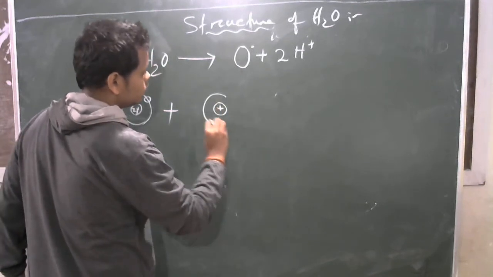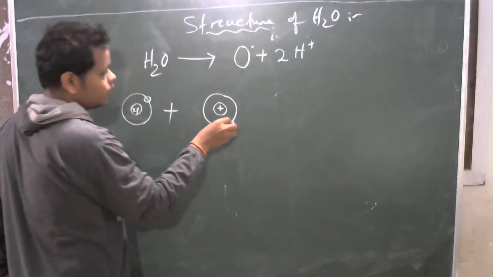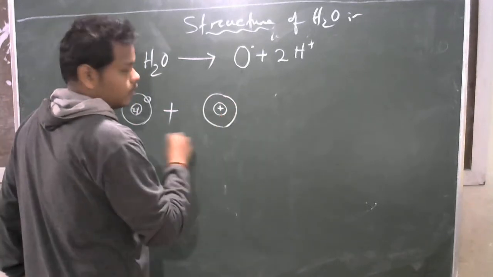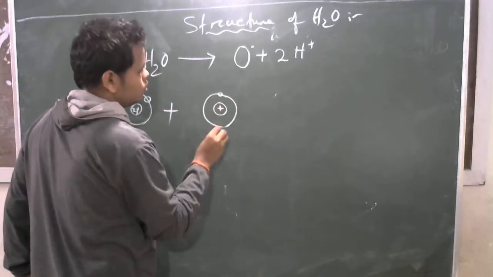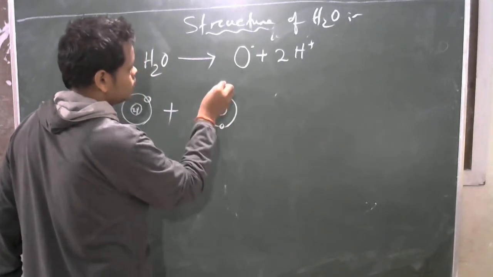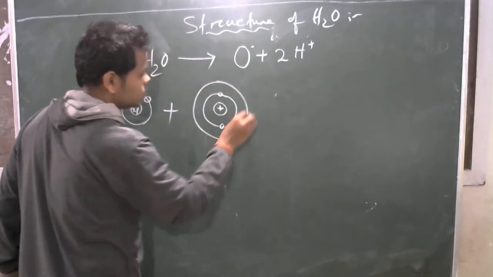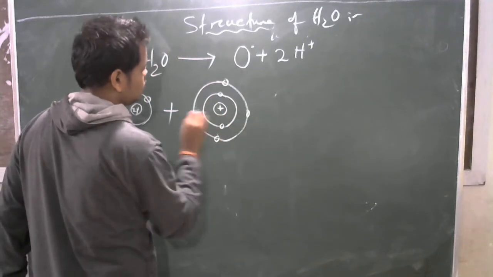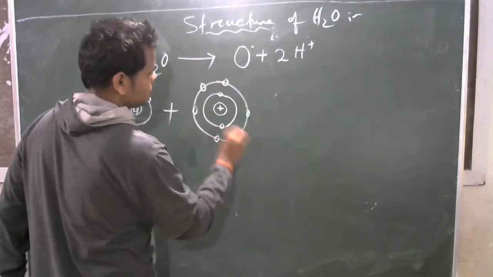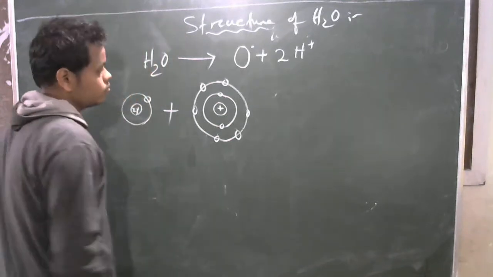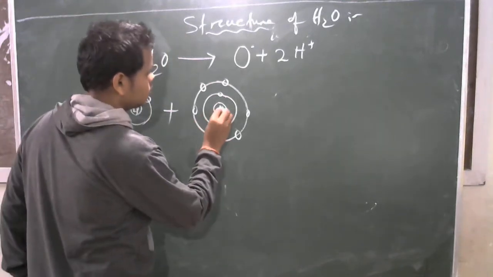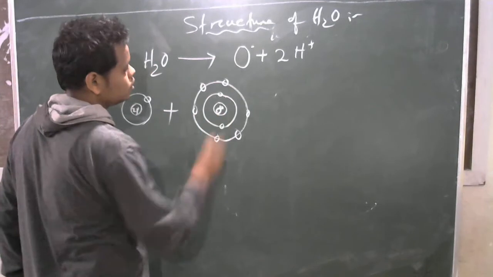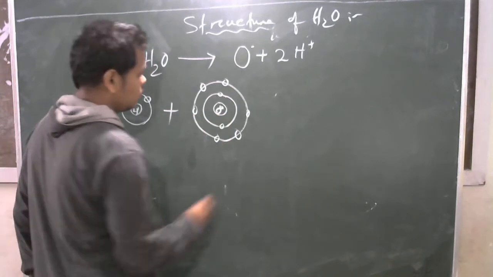As the atomic number of oxygen is 8, it consists of 8 electrons, 2 at the K shell or the inner shell and 6 electrons at the outermost shell: 1, 2, 3, 4, 5, 6 electrons. This is the oxygen nucleus. The nucleus is always positively charged, electrons are negatively charged.